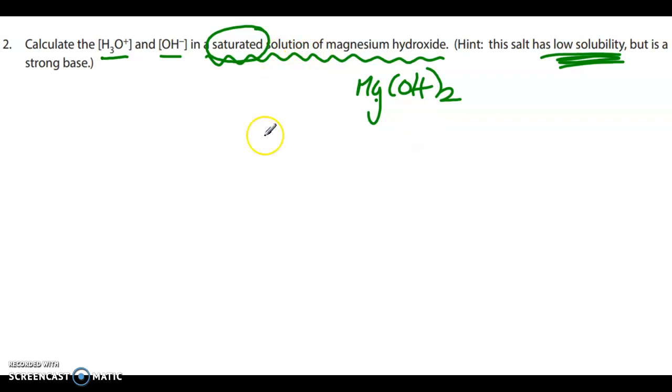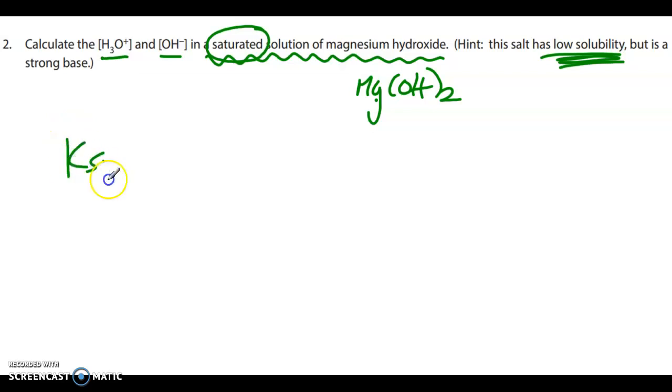That means we have our dissociation. We kind of have to do two things here. We have to use our Ksp equilibrium to determine the concentration of this molecule, and then we can determine the ions for hydronium, right? So we're combining our worlds here.